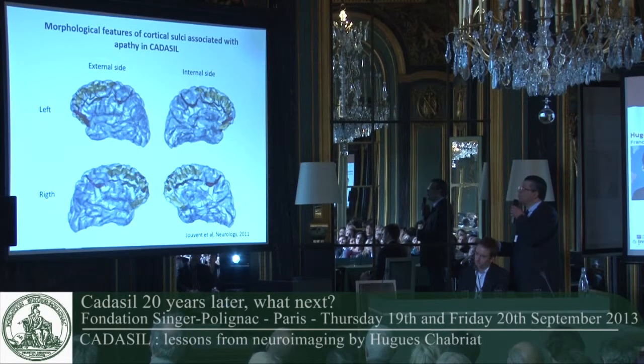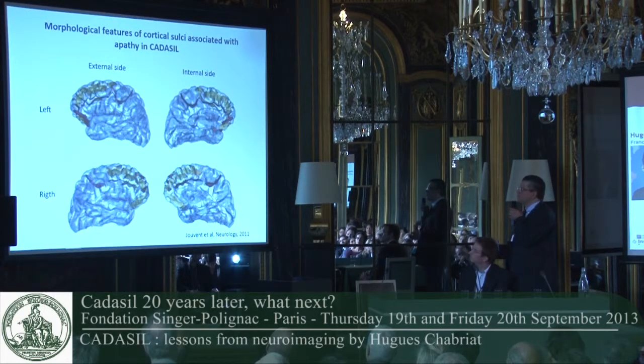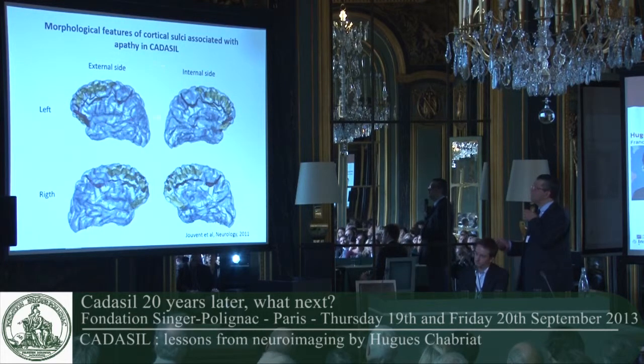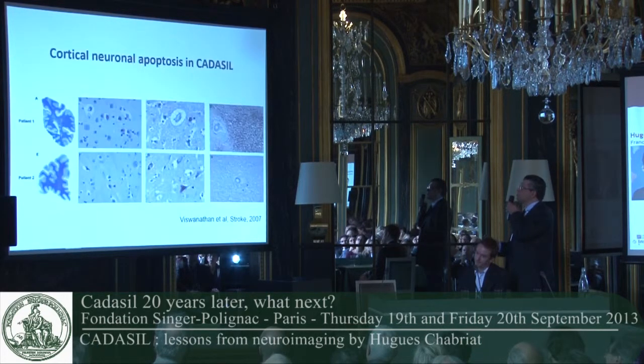We were also able to show an association between some symptoms of CADASIL and cortical morphological changes observed in the brain of these patients. You can see here the association between the morphological features of some cortical sulci and apathy, which is a key symptom of the disorder.